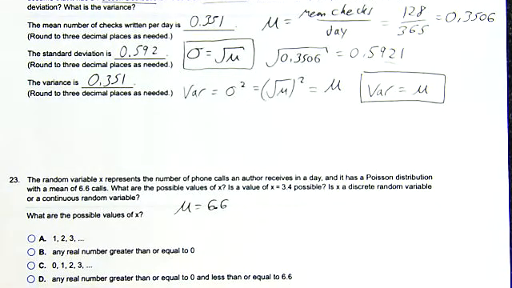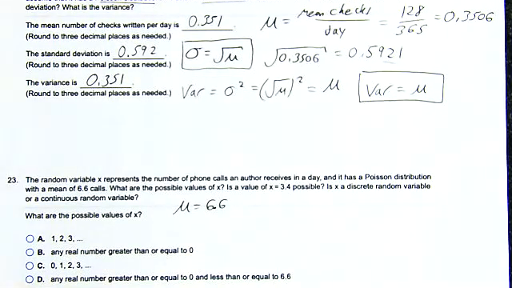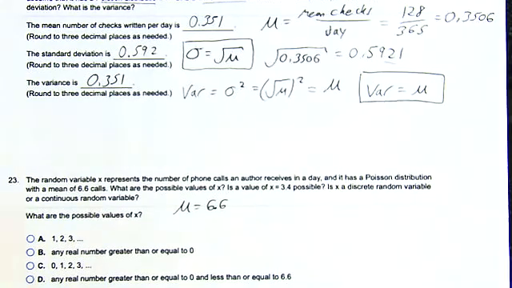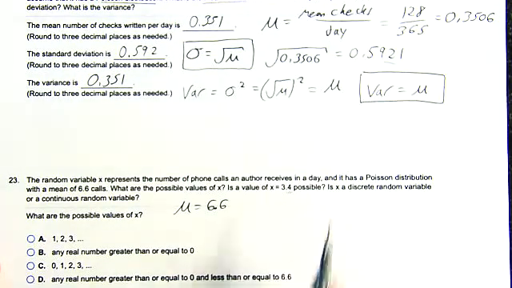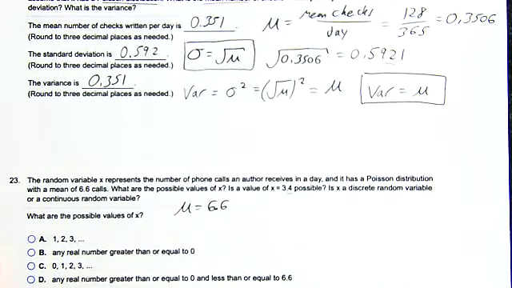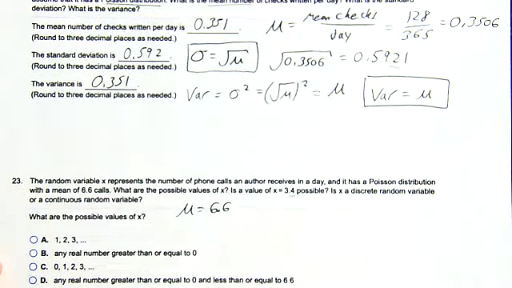So what can x be? If it's a phone call, you'd agree with me that you can't receive 0.4 of a phone call, right? I can't have 3.4 phone calls in a day. I either have to have 0 phone calls or 1 or 2 or 3.